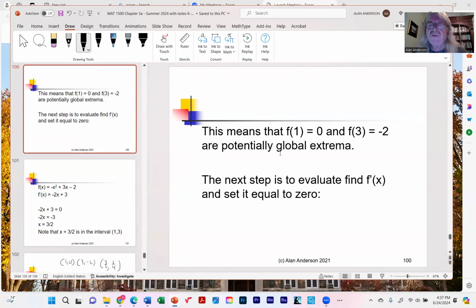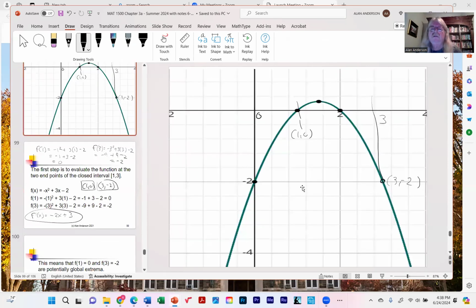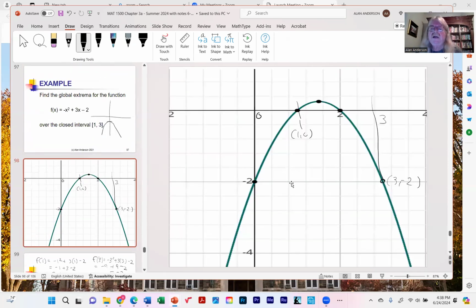So here's the derivative. We set it equal to 0. And because this is a linear function, there's only going to be one. Okay, so we have negative 2x plus 3 equals 0. And then algebraically, we rearrange this and we discover that this point occurs when x equals 3/2. So that would be here.